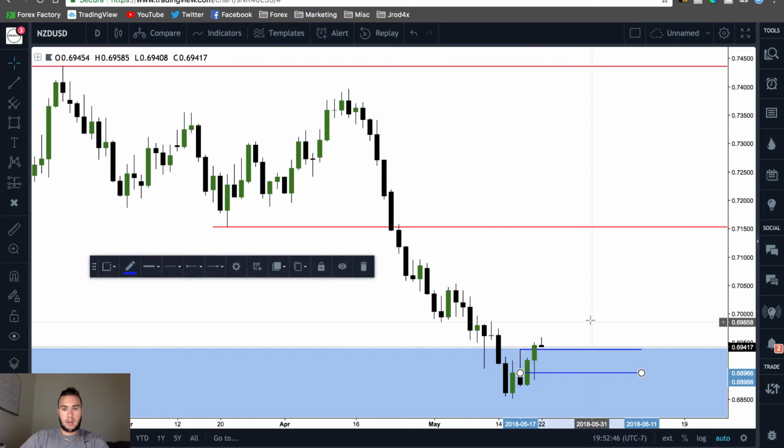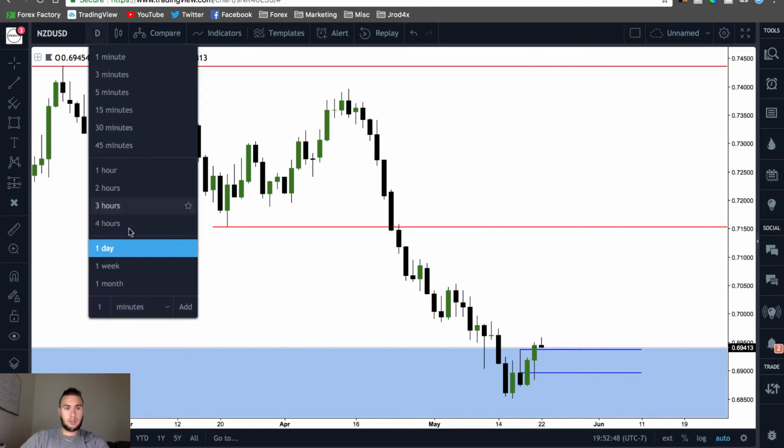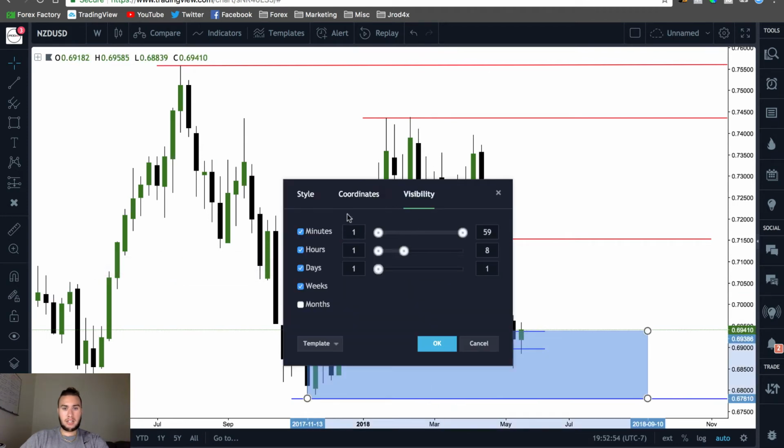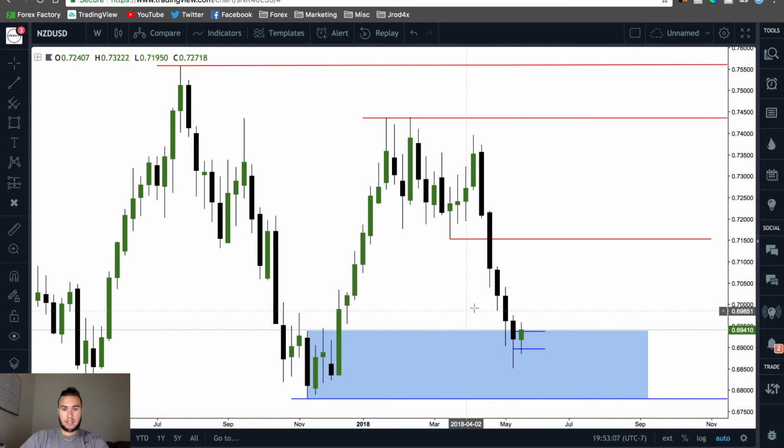Okay. All right, now I forgot to do this on the weekly, so let's go ahead and make sure we do this. Like I said, as I'm moving down time frames, what I do is I change the visibility. So for this ICT bullish order block, it's on a weekly time frame, so I make sure I uncheck monthly, and I just want it to show on the weekly, the daily, the hourly, and the minute charts. All right, so that's set up.